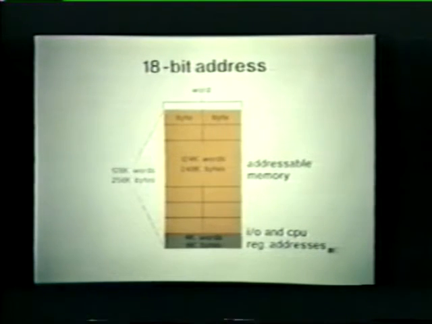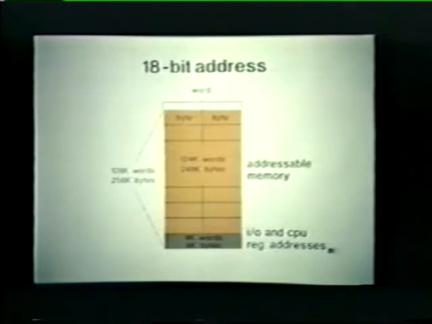As noted earlier, we also have an expanded 18-bit address. This expanded address provides 256K of possible byte addresses, or up to 128K of possible word addresses. We allocate these addresses as follows. The last 4K of word addresses are still reserved for I/O device registers and for the processor's internal registers.